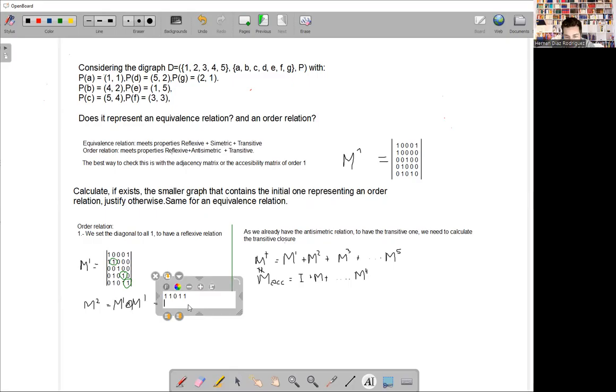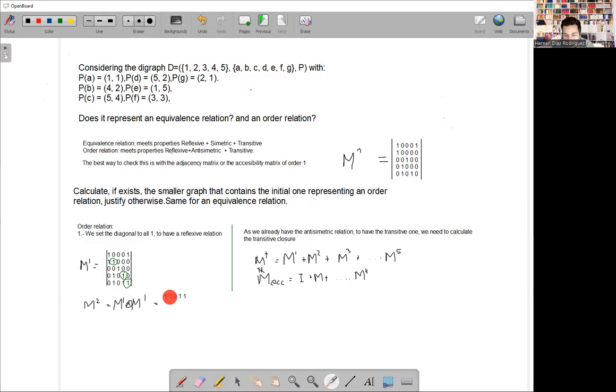We multiply the first row by the first column for the first position, right? The first row by the first column, and we have ones in a coincident position here, right? So the position 1, 1 will be 1. For the position 1, 2, we multiply the first row by the second column. Right, and in this case, we have a coincident 1 on the last position, right?